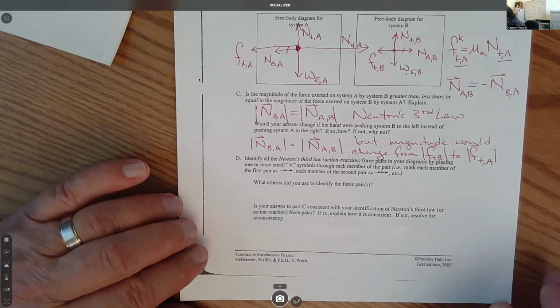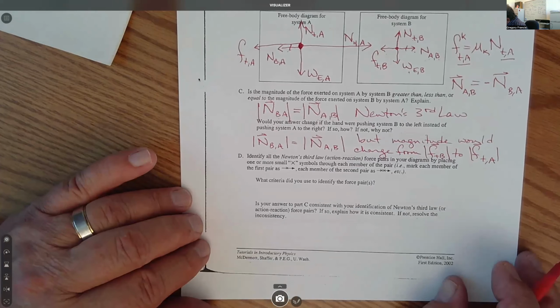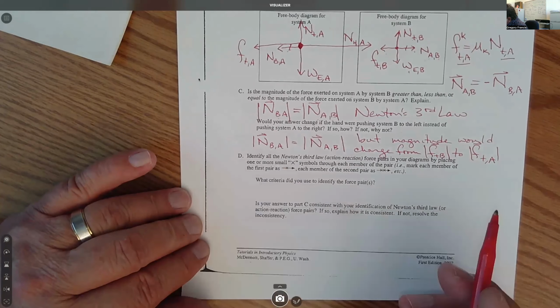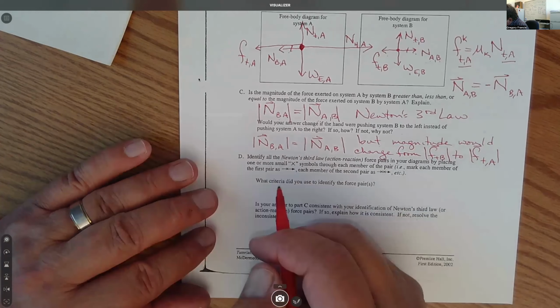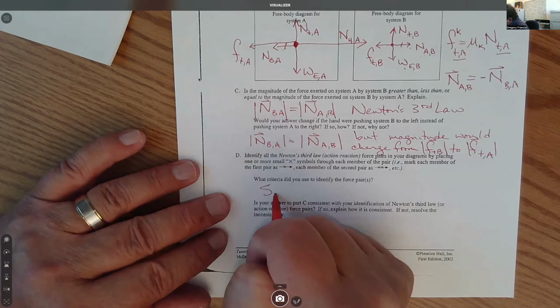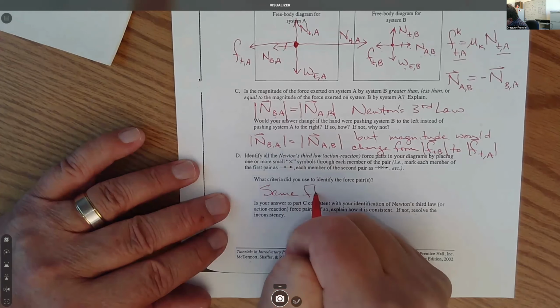Identify all the Newton's third law action-reaction force pairs in your diagrams by placing tick marks there. And we did that. And these were the same flavor.